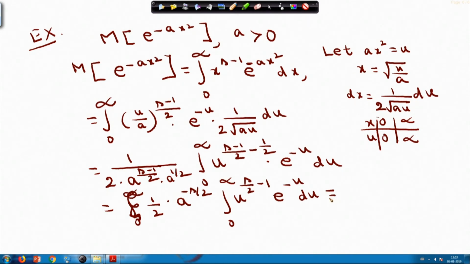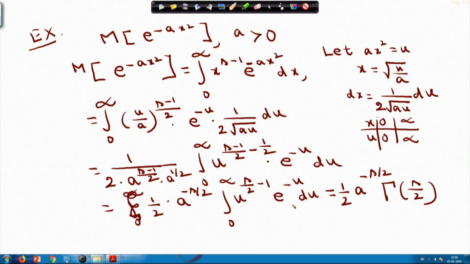If you see this integral, 0 to infinity u to the power s by 2 minus 1 into e to the power minus u, I can express it directly in terms of the gamma function, which is gamma of s by 2.